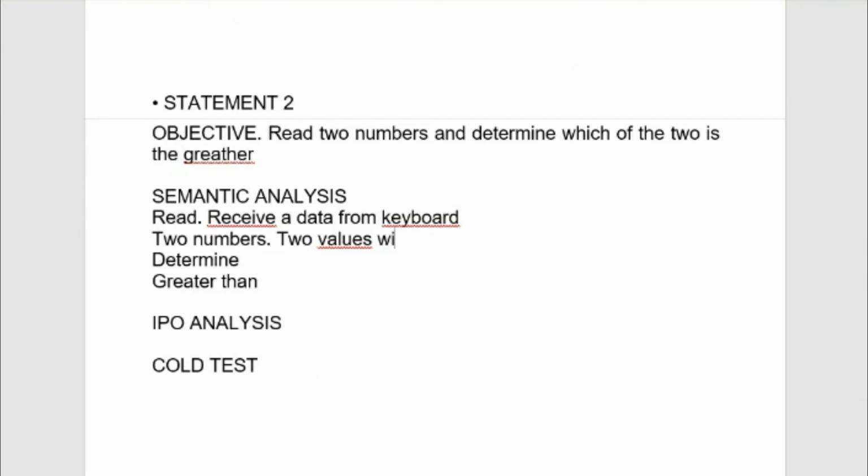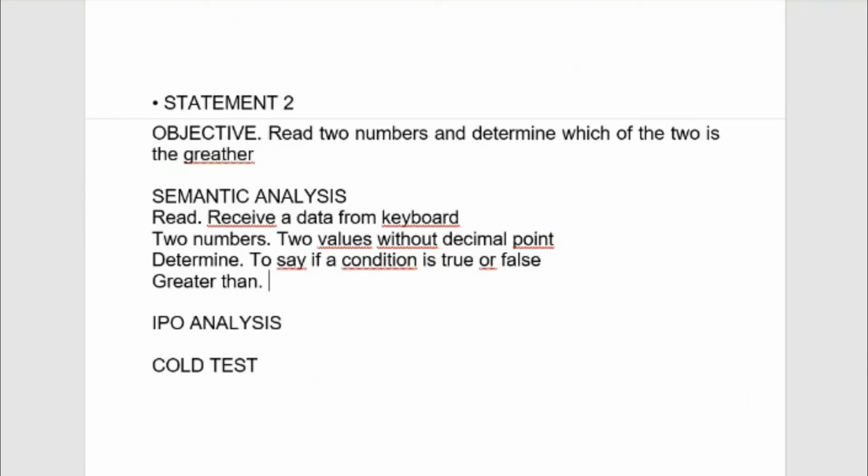This example is without decimal point and without decimals, of course. What is determine? Determine is to say if a condition is true or false. And what is greater than?